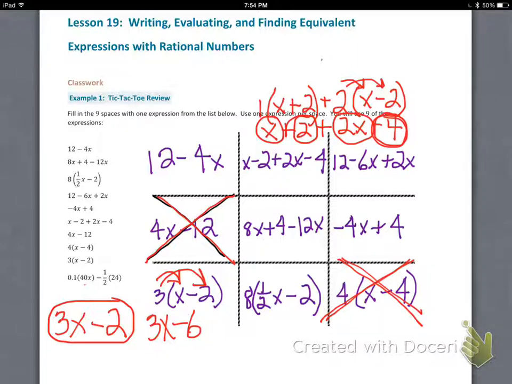That's what this one down in the lower left-hand corner of the bingo board, or tic-tac-toe board, is equivalent to. So 3x minus 2 is not equivalent to any of these, unless you guys can find another one up here that's equivalent. We can look around here. Anything equals 3x.